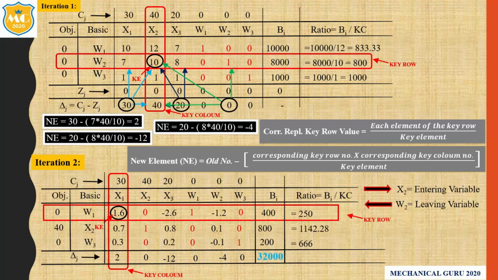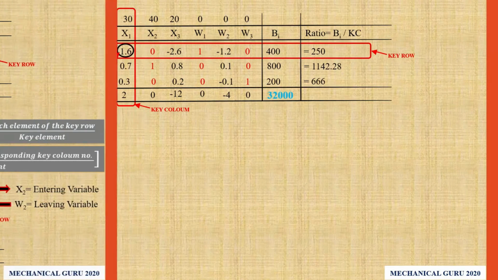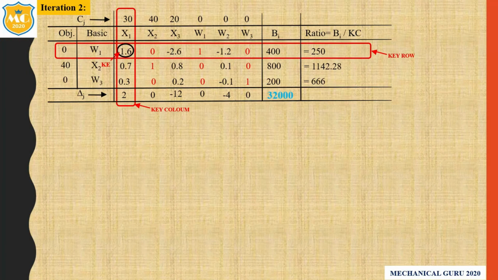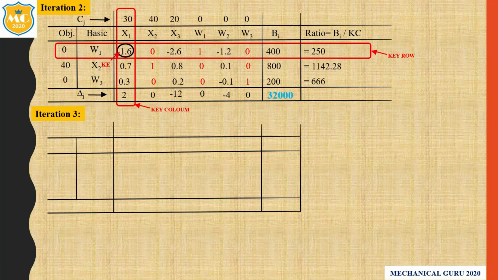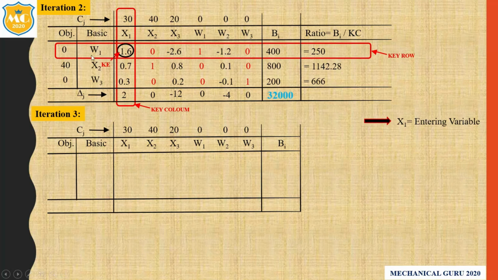Now we go for iteration 3. First we have to write down this value and the above values, that is constraint, profit 30, 40, 20, 0, 0, 0. Now here x1 is the entering variable and w1 is the leaving variable.